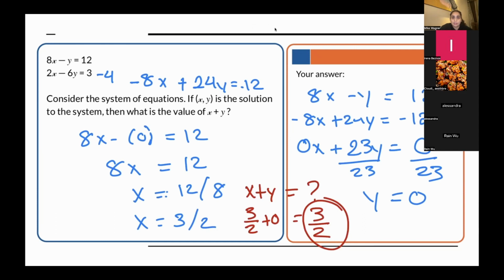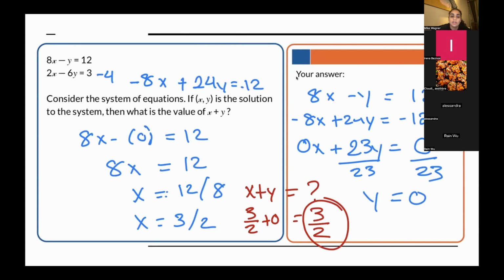Let me just look at that chat box for Connie's question. So Connie asked, how do you solve for problems where they ask us to find an unknown variable in one of the equations to make sure the system of equations has no solution?